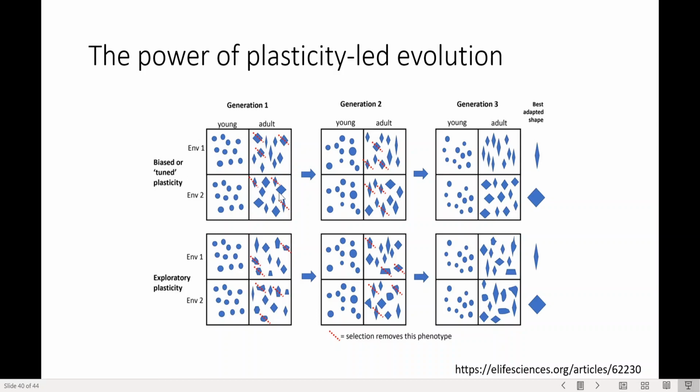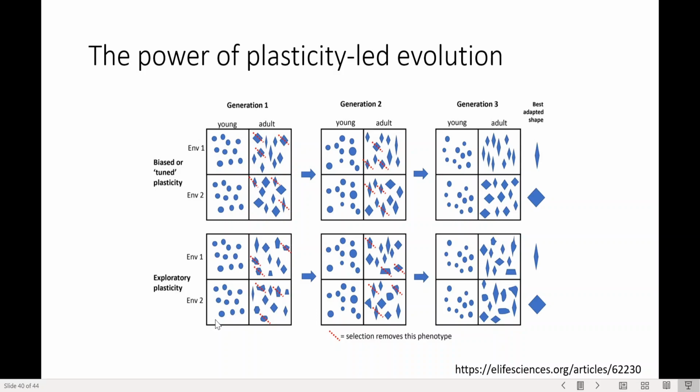So the idea is that we can have these kind of biased or tuned plasticity effects where individuals experiencing a specific environment specifically react in a particular way in this particular environment and then show specific phenotypes as adults, and then this is carried over into the next generation through, for example, epigenetic changes, and then over time leads to a divergence of phenotypes, which was driven through, for example, epigenetic changes.